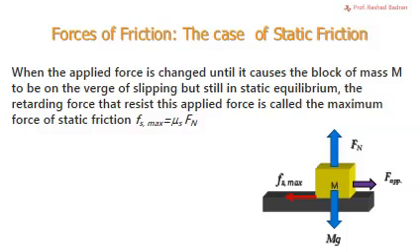If we reach this stage, this means that this static force of friction is the maximum. And in this case only, we can set the static force equal to μs times Fn, where Fn is the normal force and μs is the coefficient of static friction.